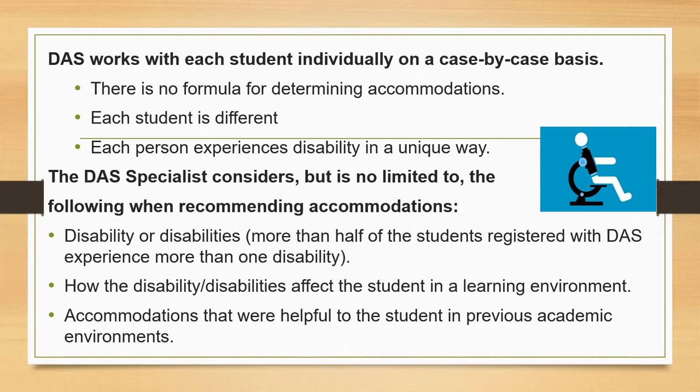When a specialist determines the accommodations, they look at the student's disability or disabilities. Half the students registered with us have more than one disability. They look at how the disability affects the students in a learning environment and accommodations that were helpful in their past, high school or if they went to another college.